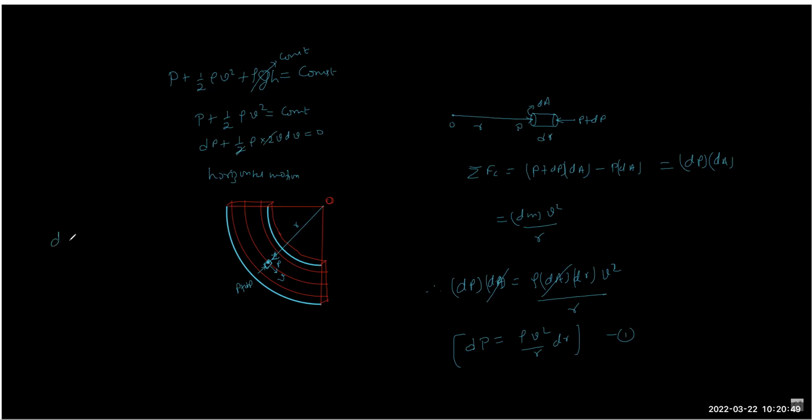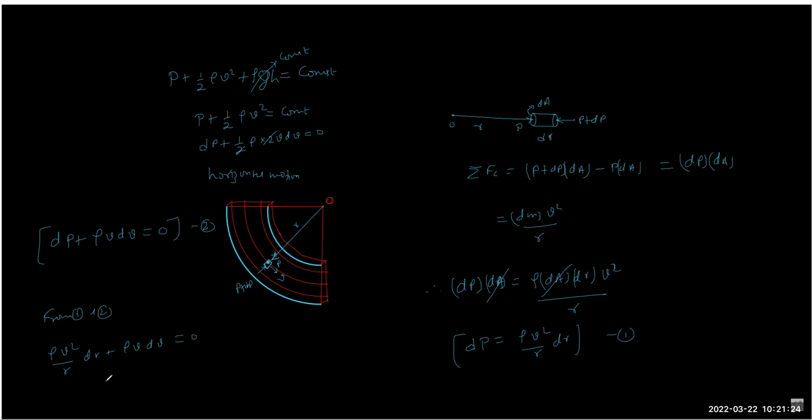This is the equation from the Bernoulli equation, and this is basically Euler's equation, if you remember. So if you combine the pressure relation with Euler's equation, you can substitute dP as rho v square by r dr plus rho v dv.